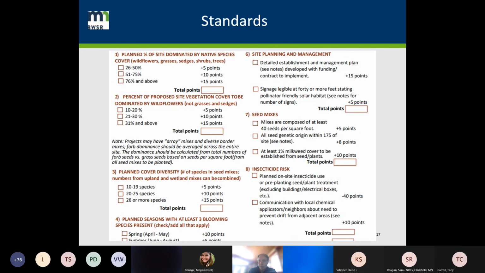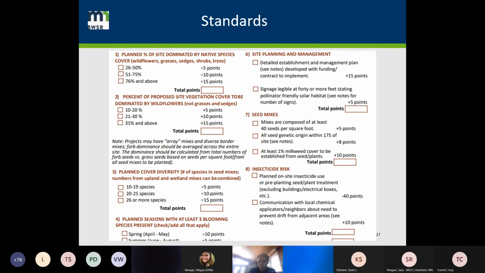This is part of our project planning form. You can see the different components of the form. We try to keep this as simple as possible. We wanted this to be a front and back form. The front side has the information that's filled out for a project, and then the back side provides the information about how to fill in the information.